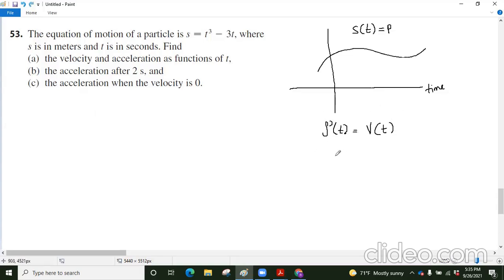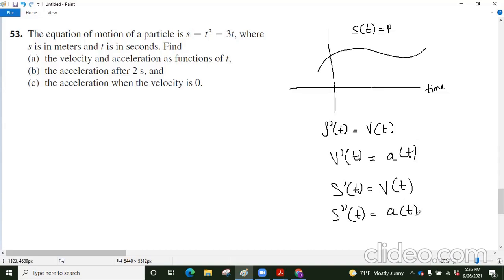But if you take the derivative of the velocity function, then you're essentially going to get a of t, which is the acceleration, which means that s prime prime of t, the second derivative of s, will essentially give you the acceleration. Okay.